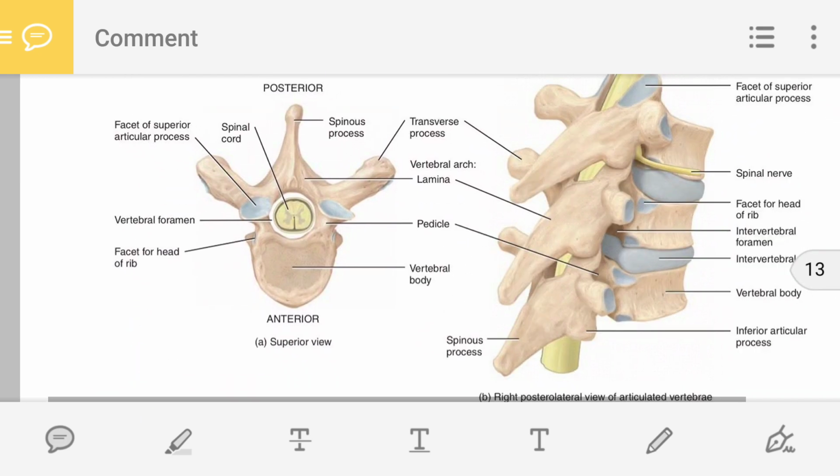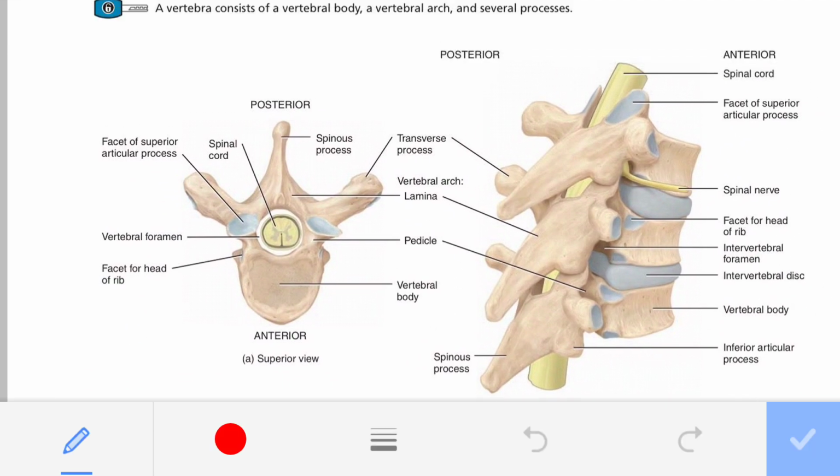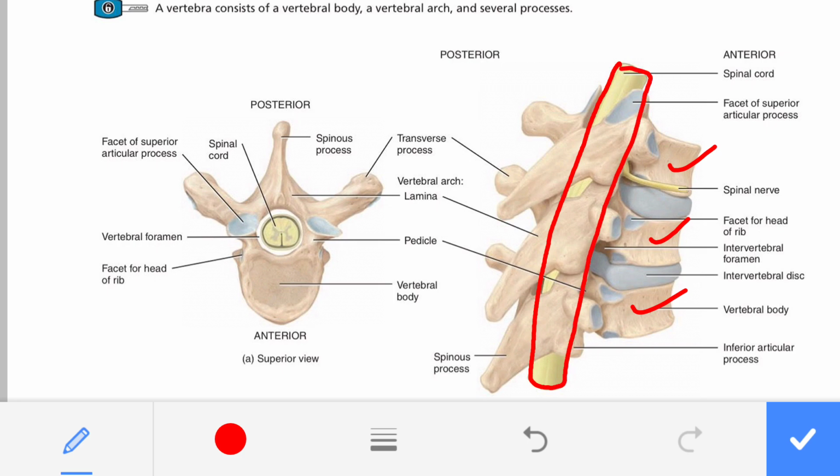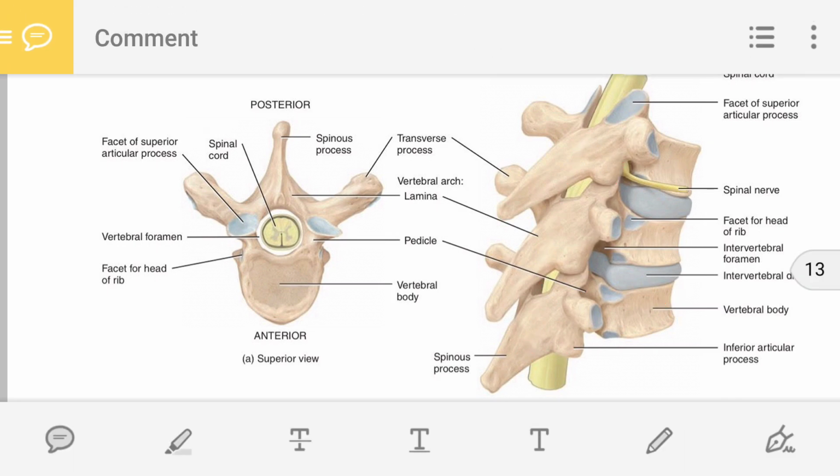Here you can see this is a vertebra, this one is a vertebra, this one is a vertebra. So many vertebrae are joined to each other and make the vertebral column. Inside the vertebral column, as you can see in the yellow color, is the spinal cord, and it is protected by the vertebral column.